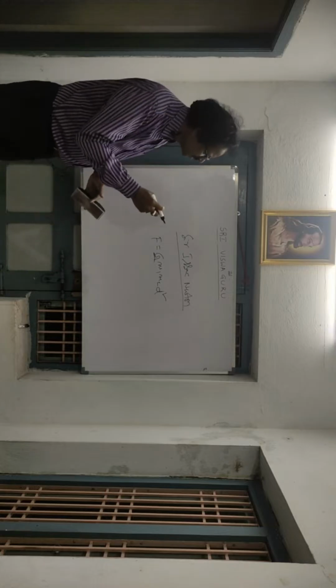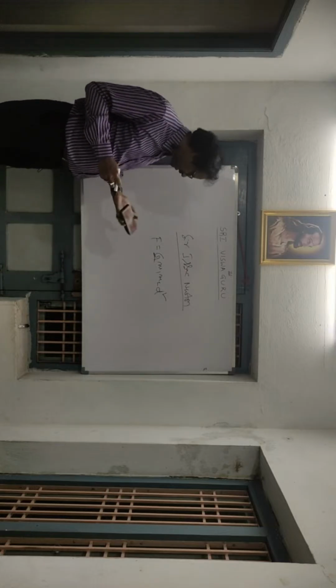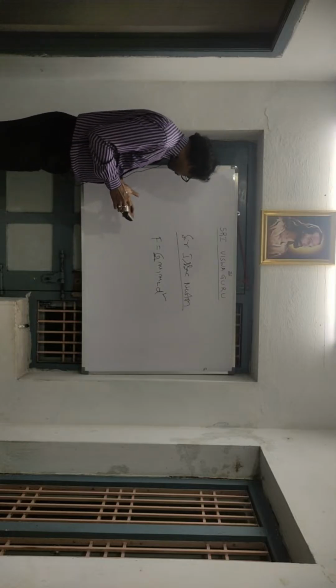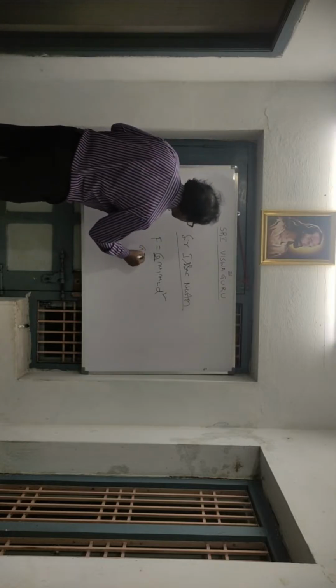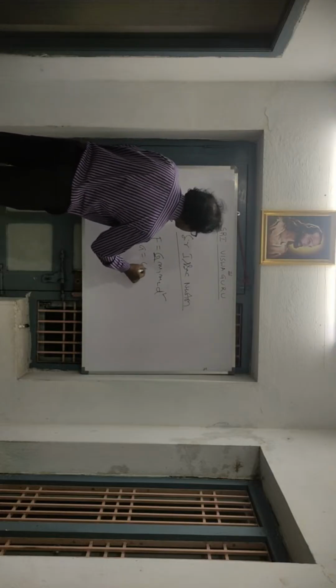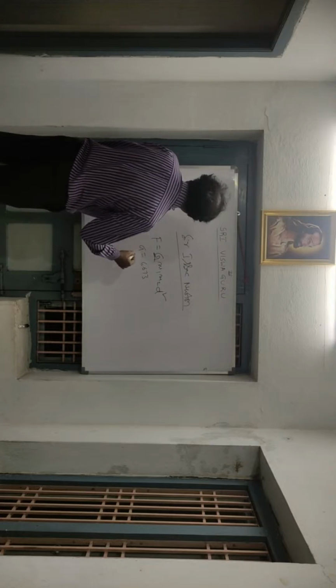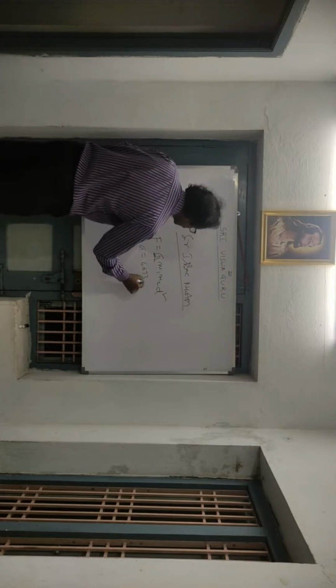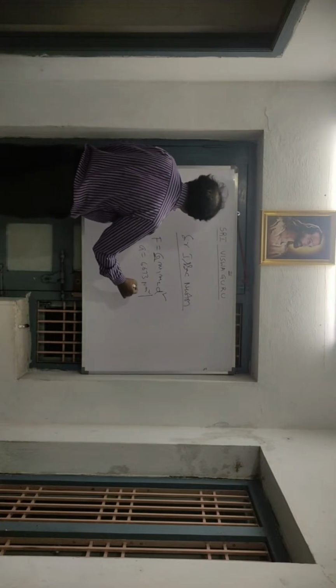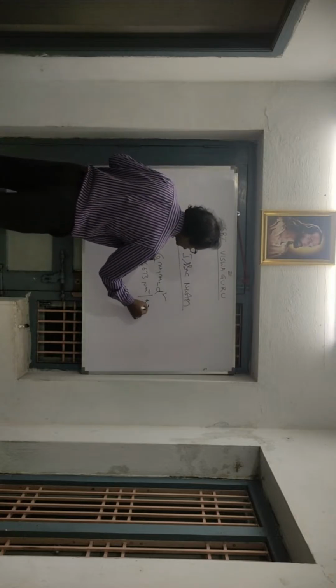Here some change occurs. G is equal to 6.673 Newton meter square per kg square.